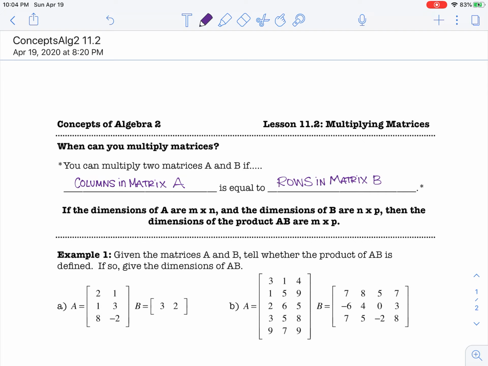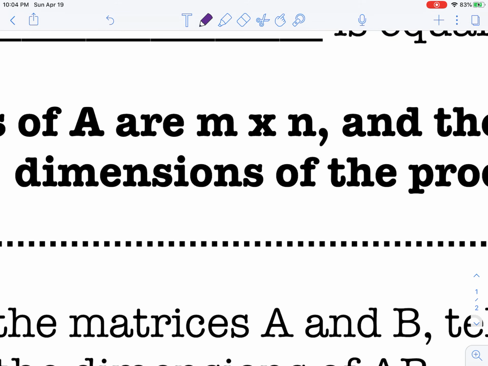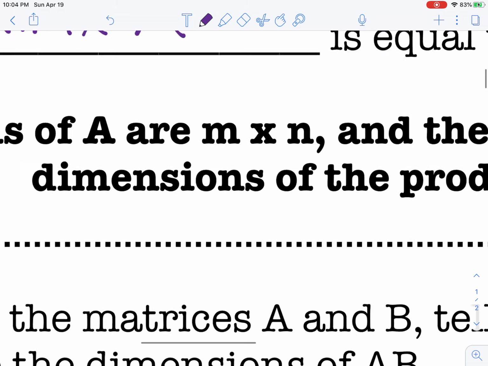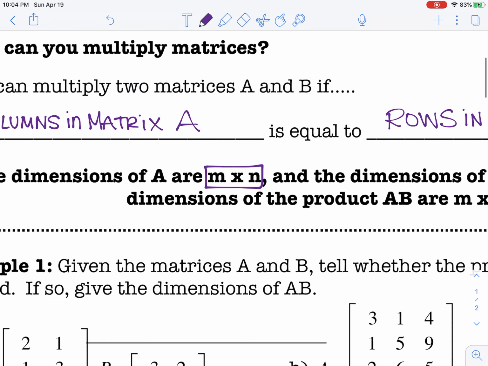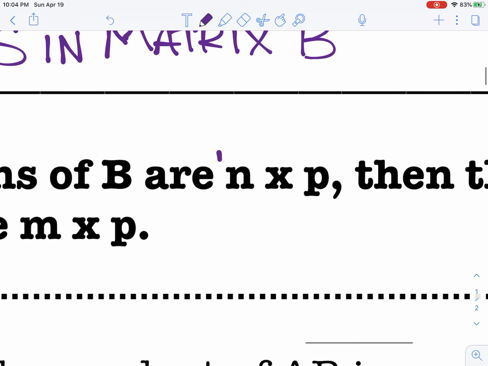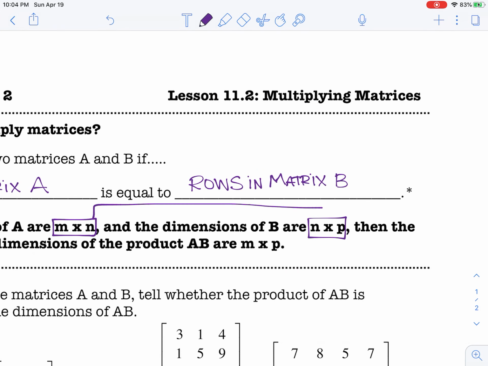So if we're trying to determine if they have the same, for example, if we say that the rows and columns of matrix A are m times n, and that the dimensions of B are n times p, we need these two n's to be the same.